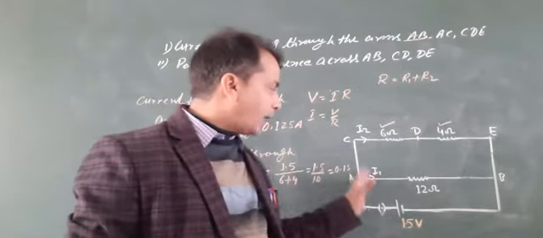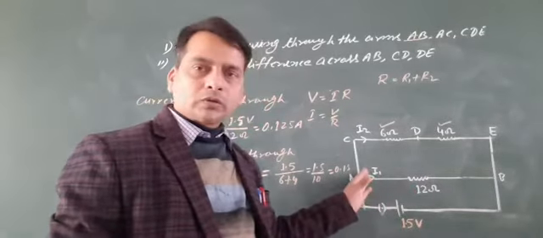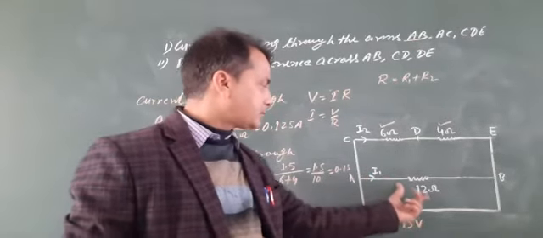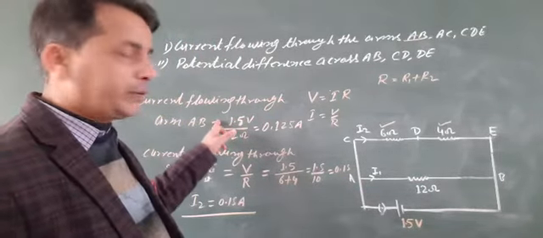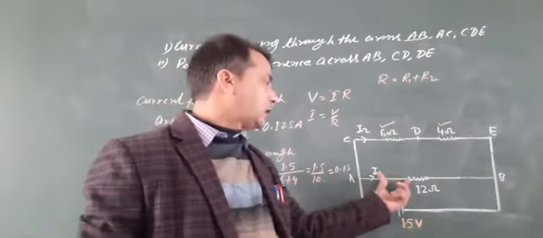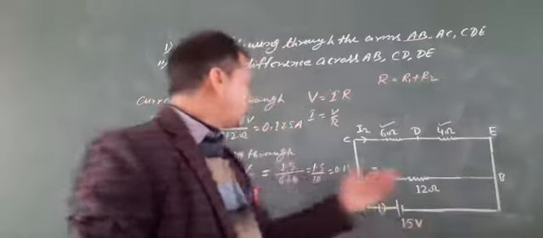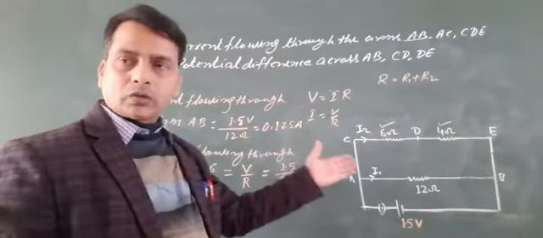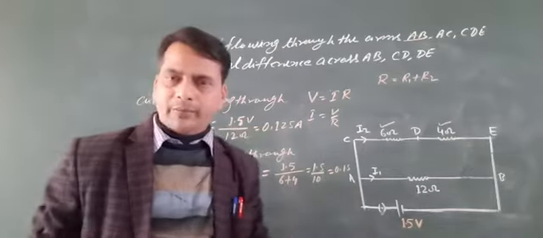Current I1 flows through the arm with the 12 ohm resistor, so potential difference by resistance, 1.5 by 12, is 0.125 ampere.